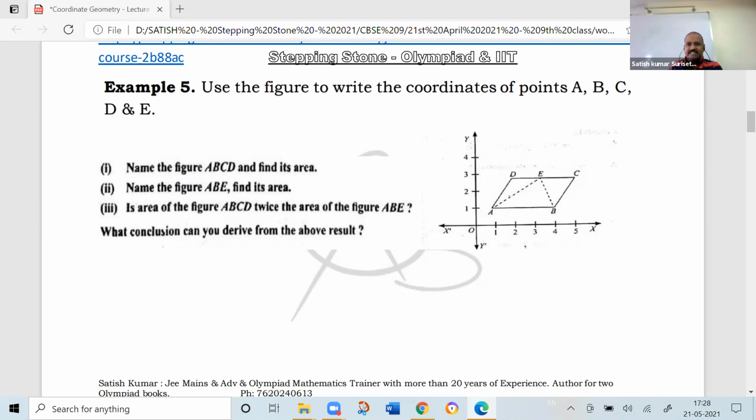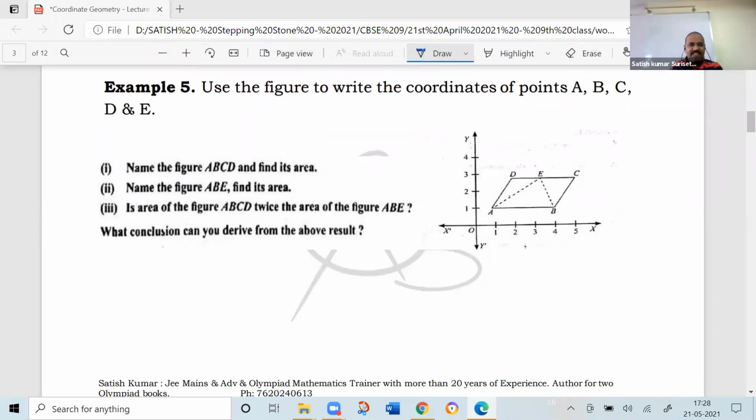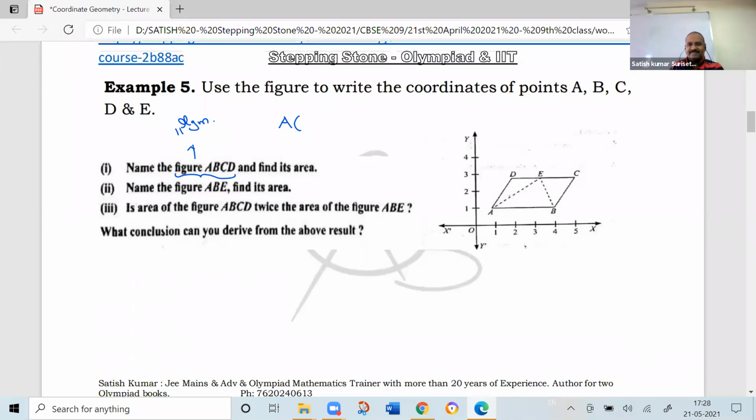Name of the figure ABCD. Hitesh, tell me the name of the figure ABCD. Parallelogram. Good. Now, Yash, tell me the coordinates of A, B, C, D, E. Coordinates of A. 1, 1.